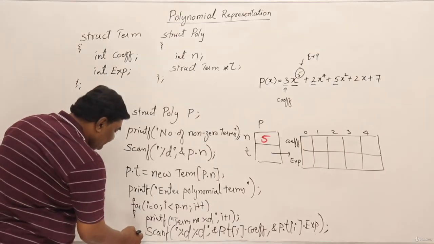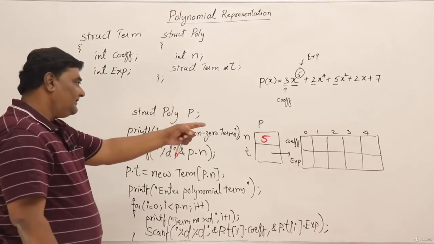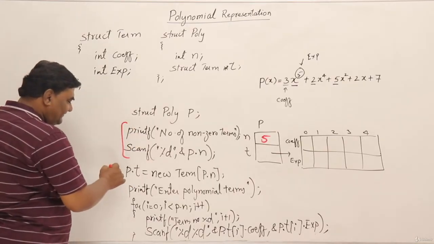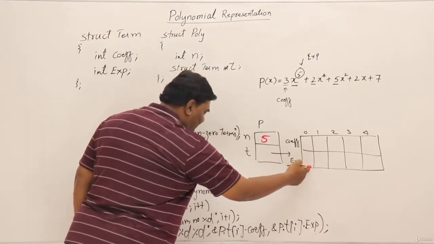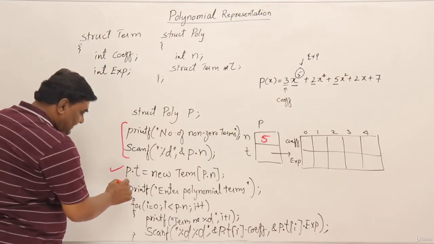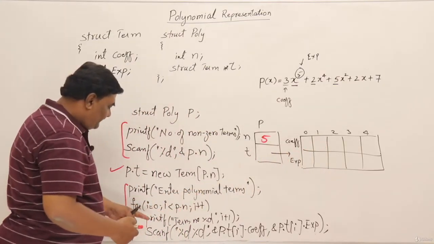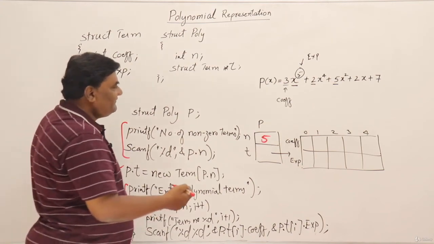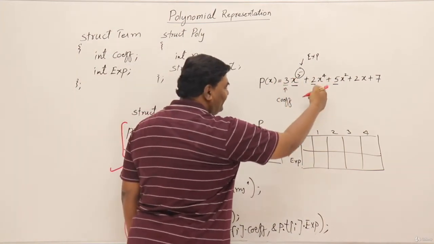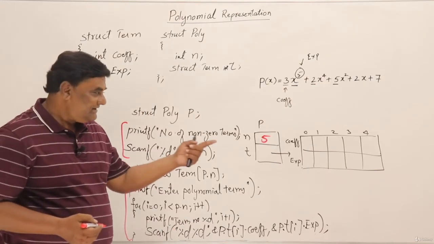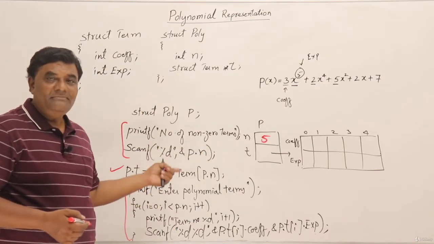So this for loop will read all the values in that array. Here I know the non-zero terms, and I have created this array, then I am reading all the values into it. From the keyboard the values like 3, 5, 2, 4 will be entered. This is how it is represented, and this is the program code.